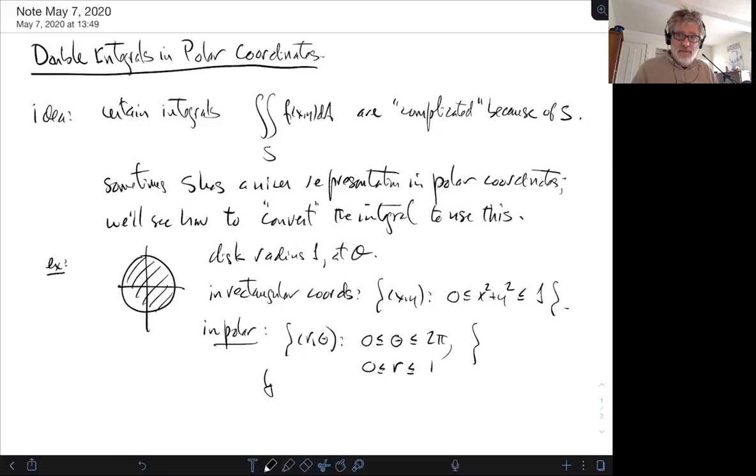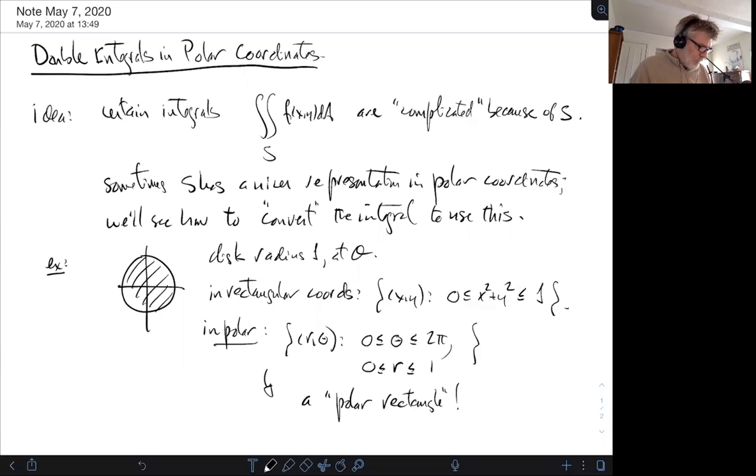So notice that this is actually a rectangle in polar coordinates. Okay, so if we knew how to reinterpret the integral over a disk like this, we'd get an integral over a rectangle, which is possibly much simpler.